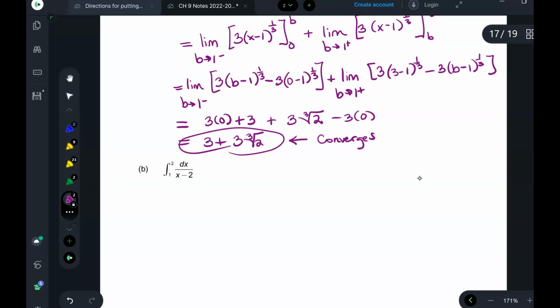Okay, next one, what's the problem? We have a discontinuity, right, again, or vertical asymptote at x equals 2.